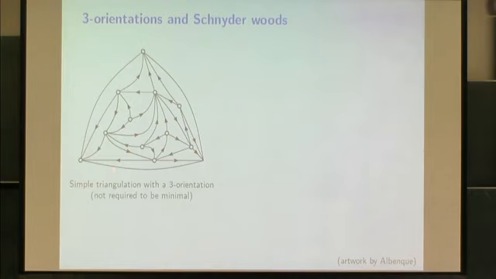So again, this is the example that was mentioned by Marie on the first day. If I take a simple triangulation, I can endow it with the 3-orientation, and again I did not orient the outer edges, but every vertex apart from the 3 outer vertices has out-degree 3. But I won't require any more that this orientation is minimal, so I'm looking at an arbitrary one.